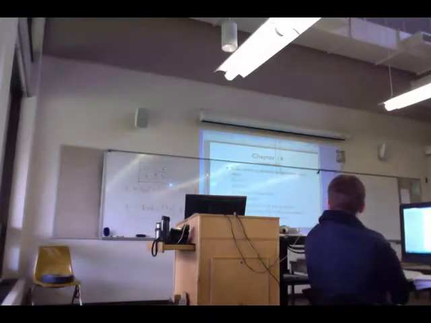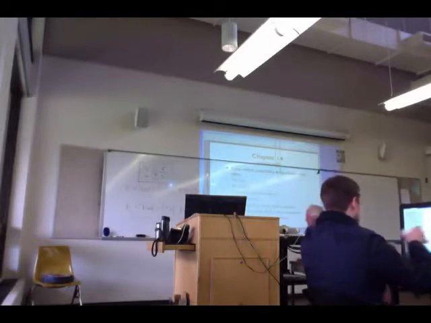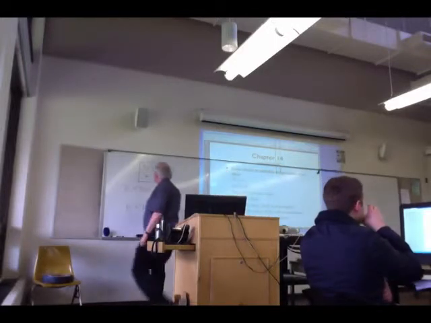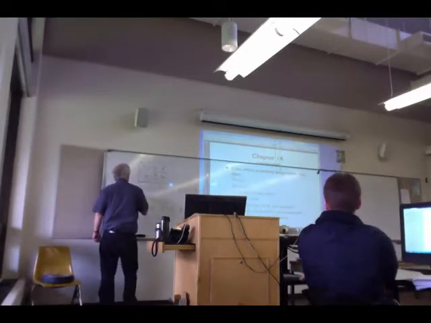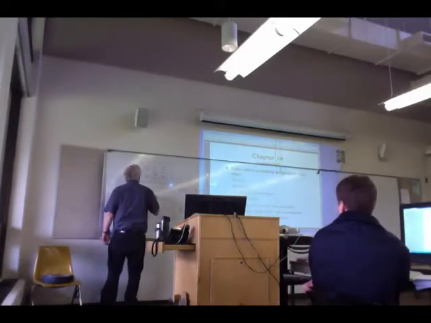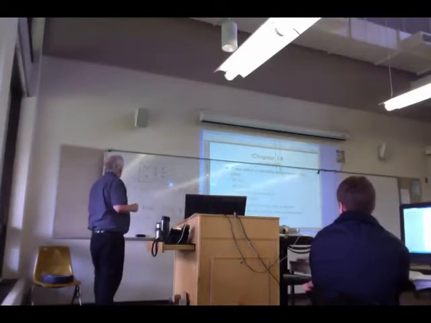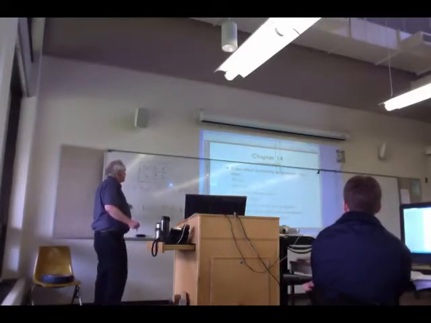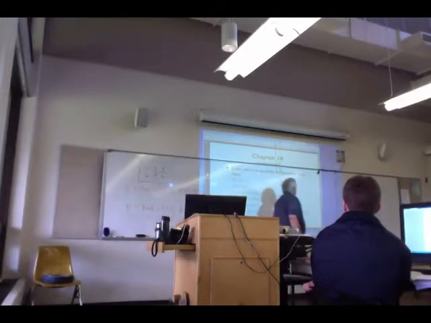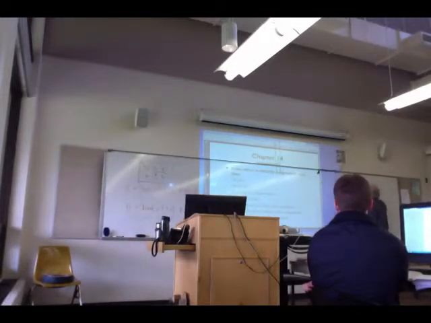Independence is these two, R and B. R and B are independent because if I tell you that R has occurred, you have no more information as to whether or not B has occurred.